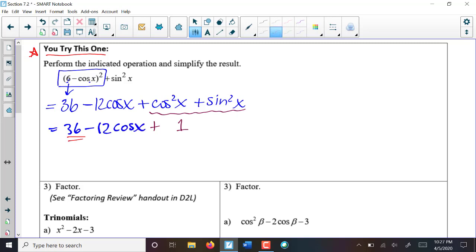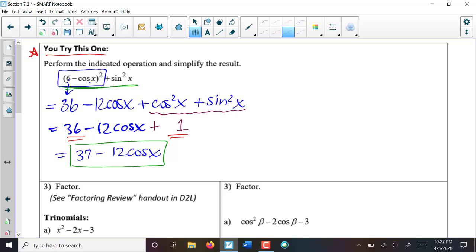If we combine our like terms, we end up with 37 minus 12 cosine x. All right, so this expression is equivalent to this original expression. So it is a bit more simplified. For example, if I had to plug something in there for x, it would be less work.